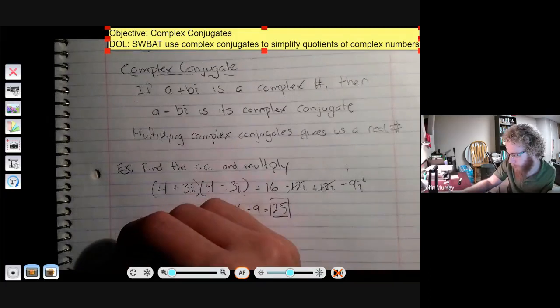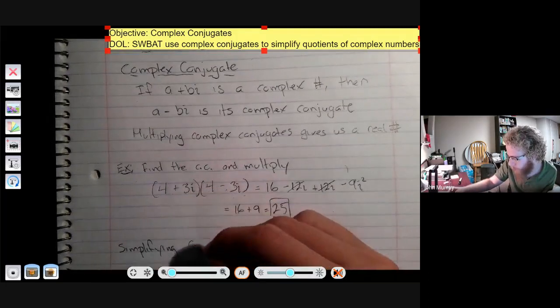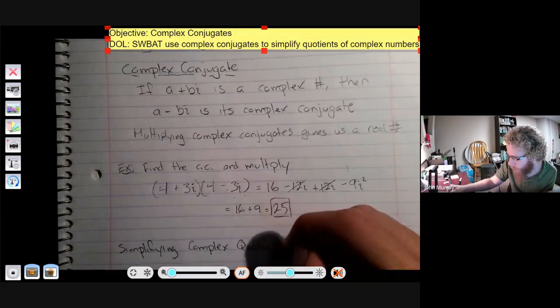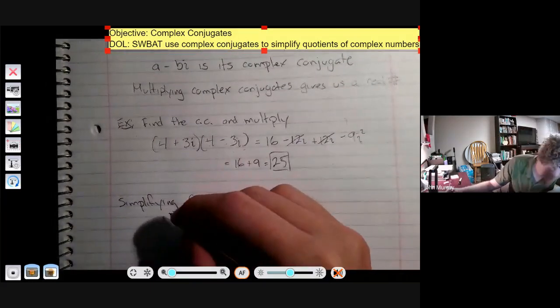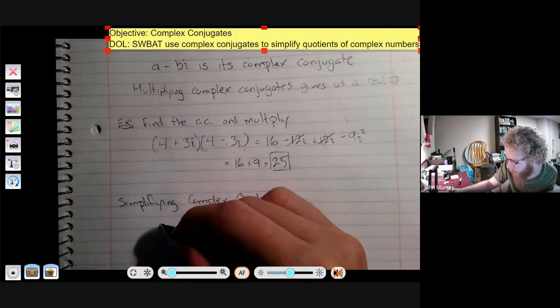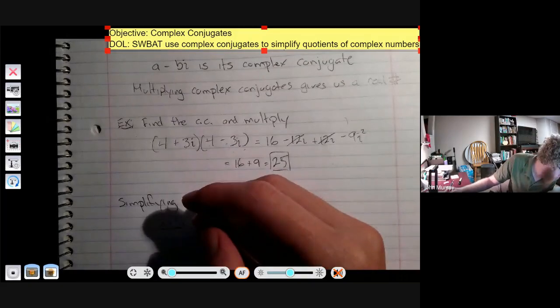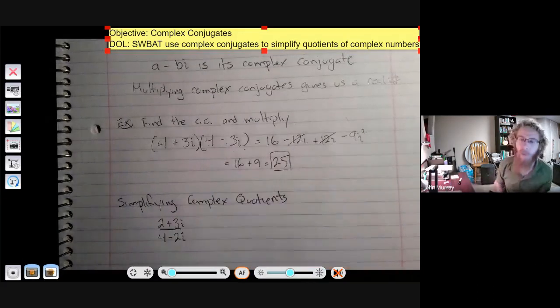So let's take a look. All right, so here we have a complex quotient, 2 plus 3i over 4 minus 2i.